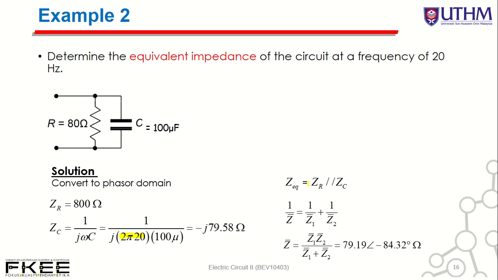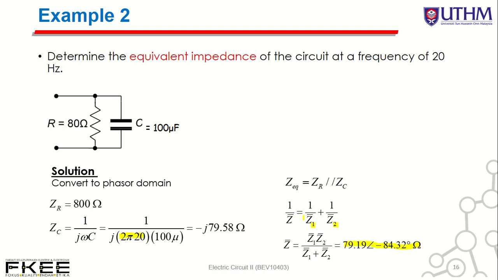Let's say this is ZR, this is ZC. So 1 over Z equals 1 over ZR plus 1 over ZC. In this case, I write Z1 and Z2. Z1 equals ZR, Z2 equals ZC. So total Z equals Z1 times Z2 divided by Z1 plus Z2.